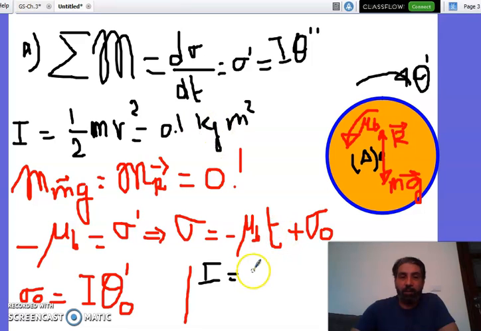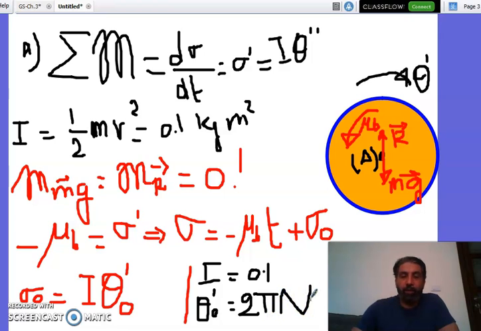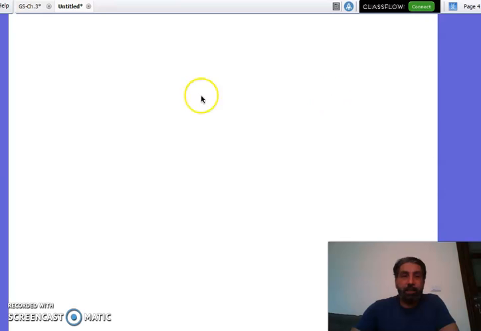We have just calculated it, 0.1, and theta prime, which must be in radian. And you know that theta prime is equal to 2 pi times the number of revolutions per second initially. Okay? So let's calculate this. Theta prime initial is equal to 2 pi.